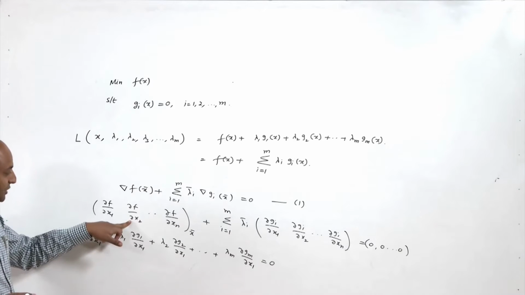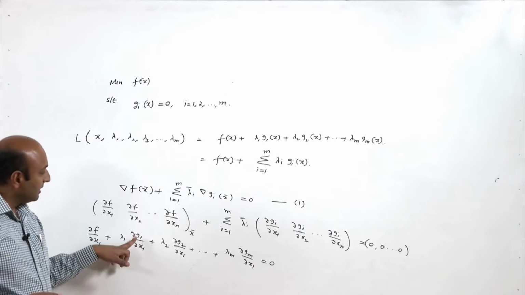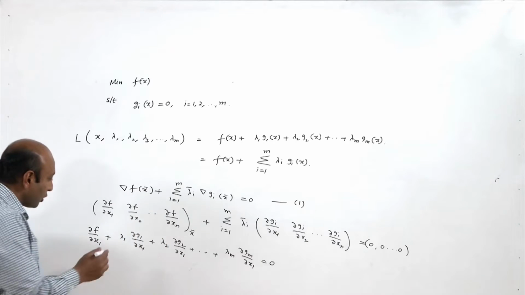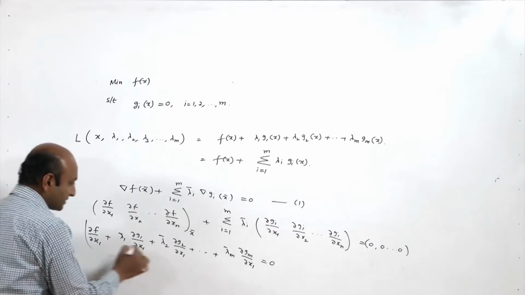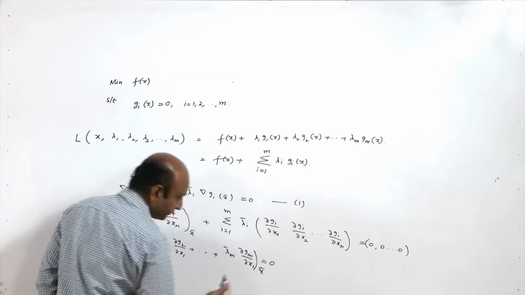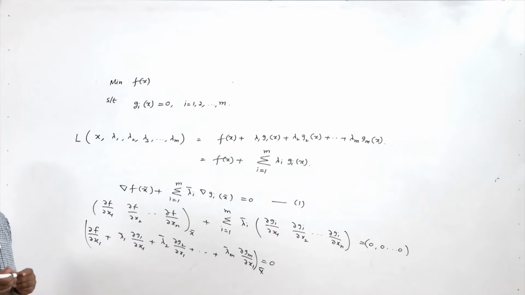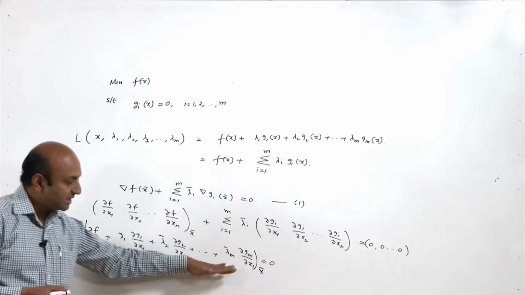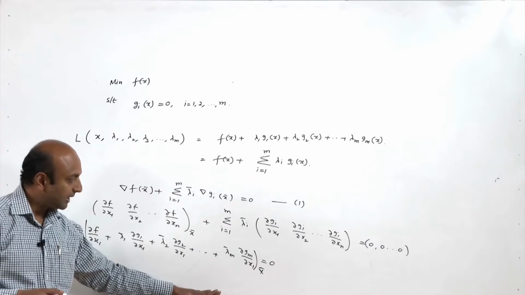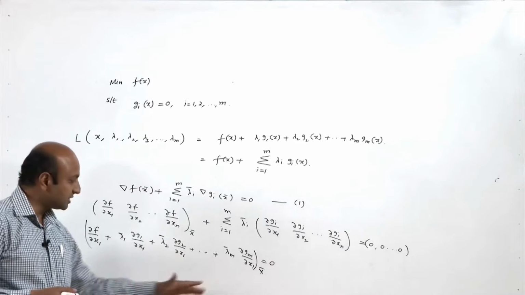Similarly, del f upon del x 2 plus lambda 1 del g 1 upon del x 2 and so on, all at x bar, must be 0. Similarly, you will get the same condition for x 2, and the same for x n. So, what does it mean?